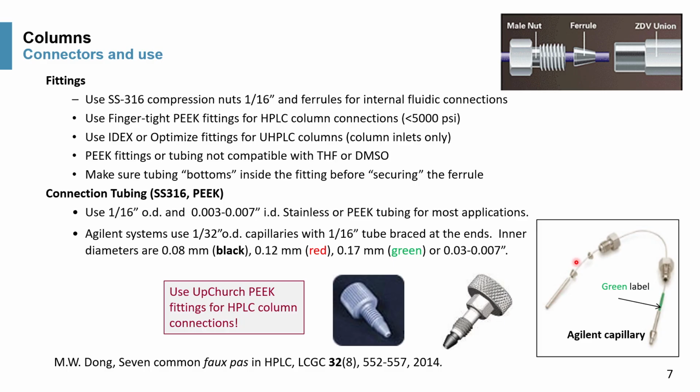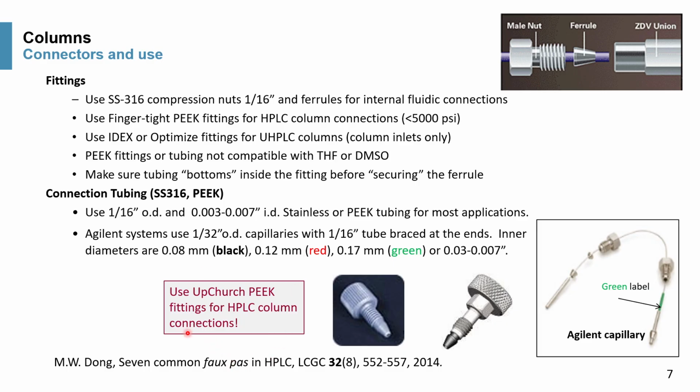So these have to be purchased pre-made in that fashion and come with the nuts, or you can change them into finger tight if you want. These types of capillary tubing have different labels. Green stands for a larger ID, which is 0.17 millimeter, and the black ones are much smaller, which have higher back pressure, also if it's long length.